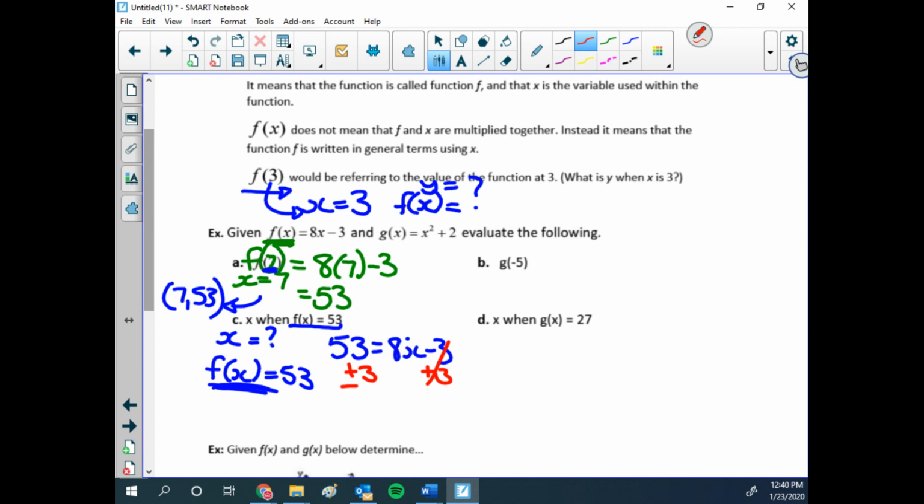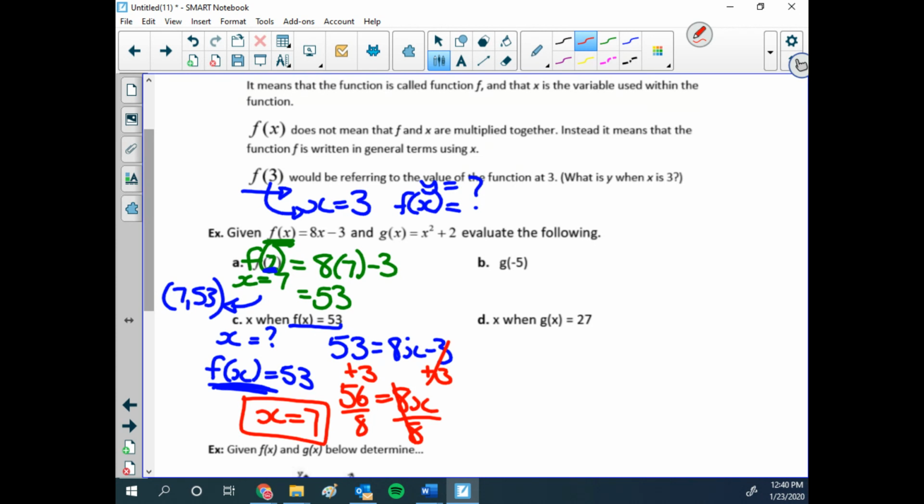Oh my gosh, sorry, not mean to do that. 56 is equal to 8x, and divide that by 8 on either side. So x is equal to 7. I guess I could have just summarized that from before, but I didn't realize it was the same. So what that's saying is when I substitute 7 in for x, that corresponding f of x value is 53.